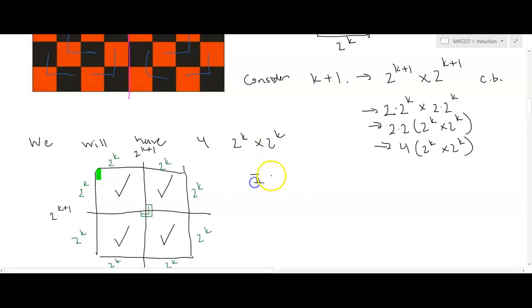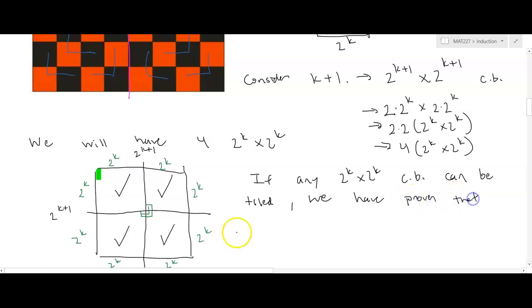So if any 2 to the k by 2 to the k checkerboard can be tiled with one square covered up and then the remaining L-shaped tiles, we have proven that a 2 to the k plus 1 by 2 to the k plus 1, that is the next size up, can also be tiled.